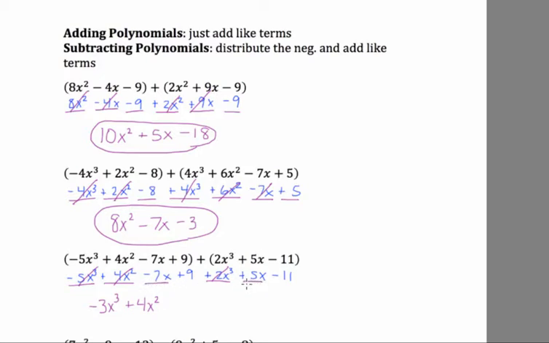Negative 7x and positive 5x makes negative 2x. And positive 9 and negative 11 makes negative 2. Notice I've written my terms in descending order. You don't have to do that, but that's how you will usually see it done. And my answer is a polynomial with 4 terms that has a degree of 3.